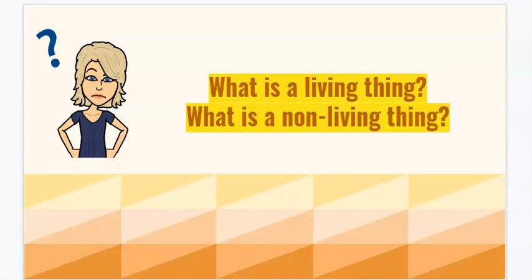What is a living thing? What is a non-living thing? I know that people are living, but how do I know they're living? I know that a book isn't living, but how do I know it's not living?